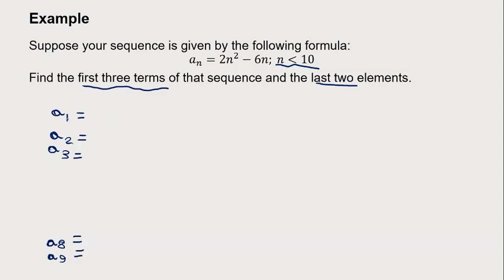So if n took a value of 1, then I replace n with 1 here: 2 times 1 squared minus 6 times 1. So overall we have 2 minus 6, that's minus 4.